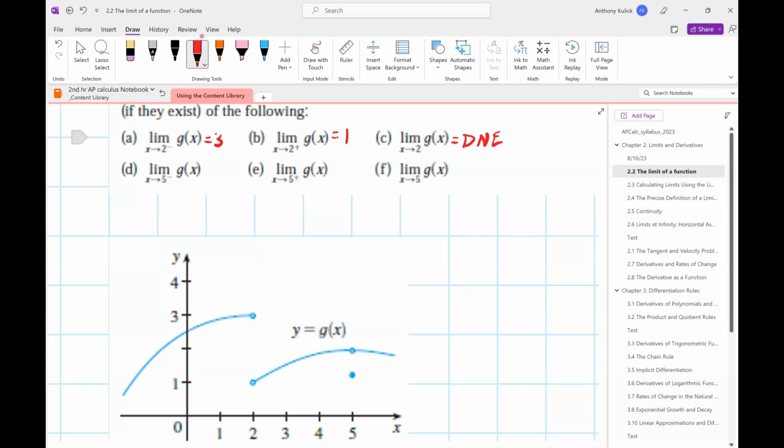Okay. All right. The limit as x approaches 5 from the left is, looks like 2. Good. And the limit as x approaches 5 from the right. Also 2. So the limit as x approaches 5 is 2. But what is g of 5 equal to?